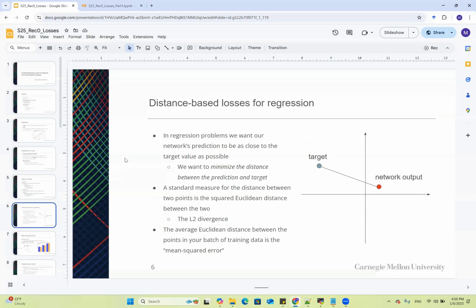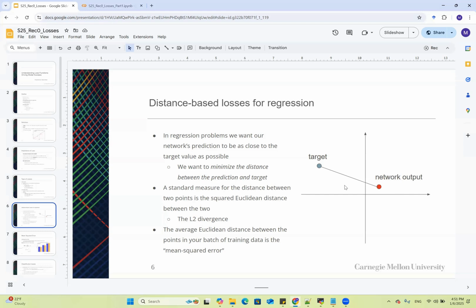So, the distance-based losses for regression. In regression problems, we want our network's predictions to be as close to the target value as possible. So we want to minimize the distance between the prediction and the target. The standard measure for the distance between 2 points is the squared Euclidean distance.